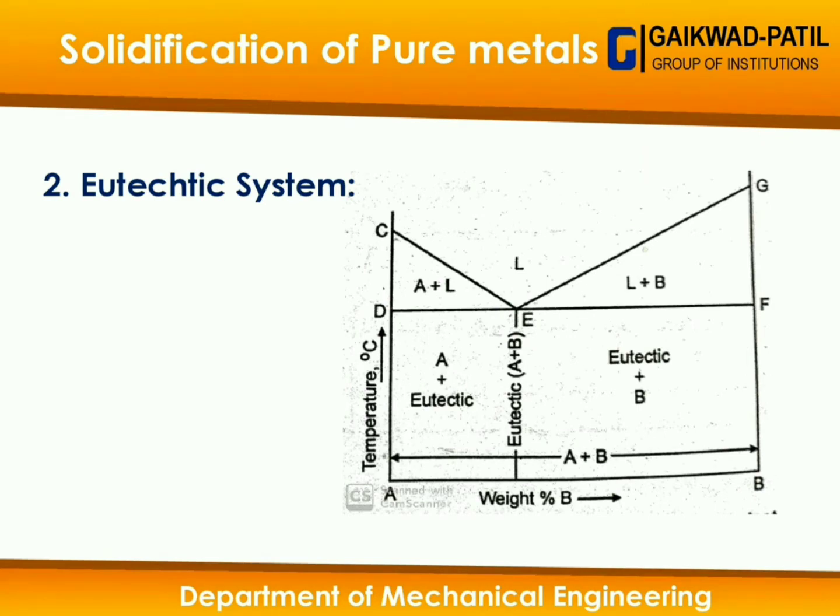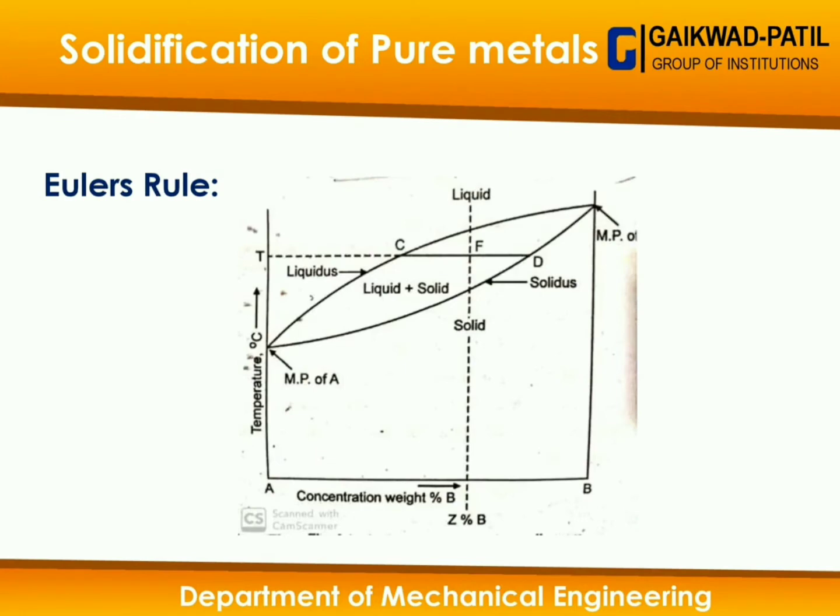At this equilibrium, simultaneously we get A plus liquid and B plus liquid. When we allow these to cool down, we get A plus eutectic and B plus eutectic. Ultimately, finally, we get an A plus B eutectic solution. So this is all about the eutectic system.